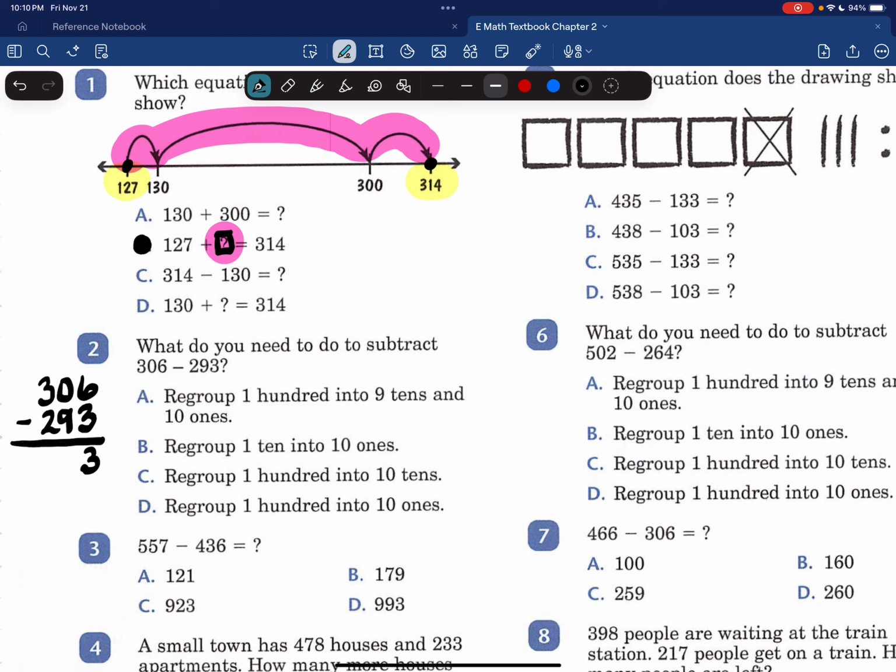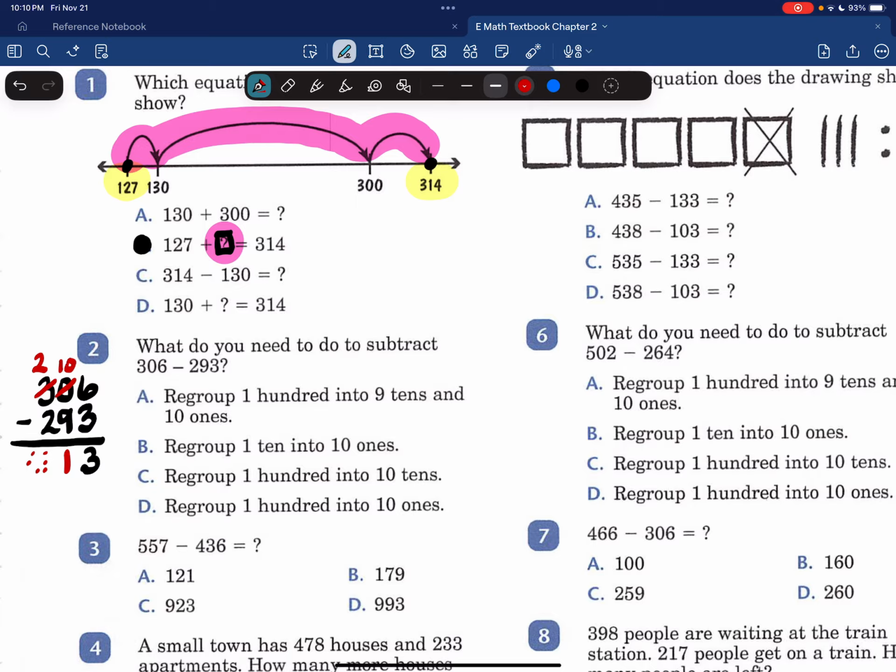That's 3. 0 take away 9, I can't do that. If the bottom number's bigger, you better borrow. So I'm going to take 1 from this one and give it to this one. And I'll go ahead and finish it to get a difference of 13.